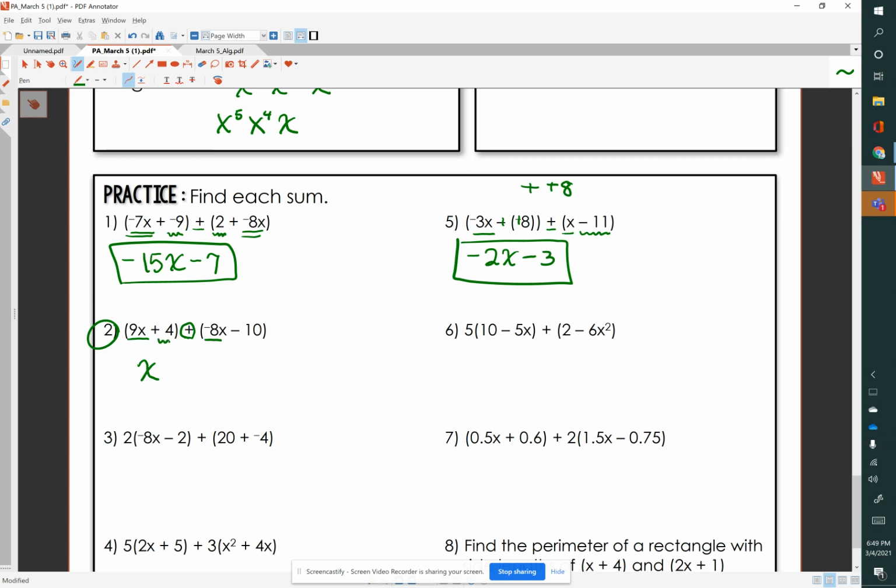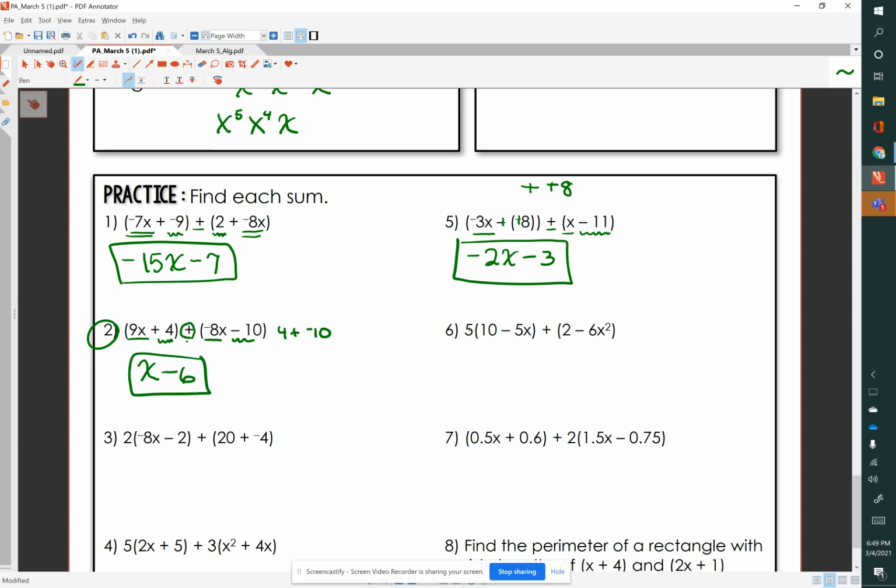And then we have plus 4 plus a negative 10. Excuse me, I didn't write that correctly. 4 plus a negative 10. So that would be negative 6. And that's our final answer there.